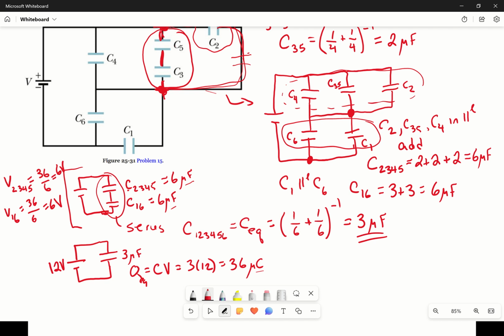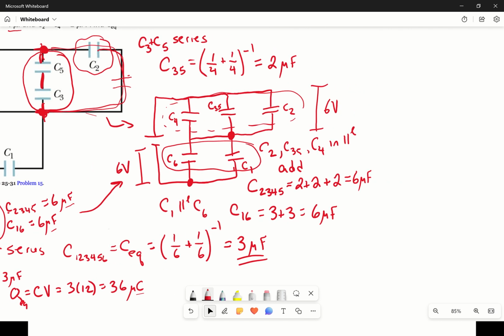All right, so what that tells us is that the 12 volts from the battery splits equally, and we've got 6 volts across each of these halves of the circuit. So if I go back up to my second circuit, so C4, C2, and C35, those all have 6 volts across them. So I can find the charge on them.